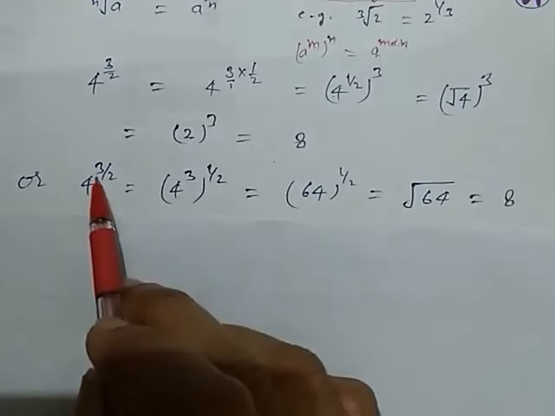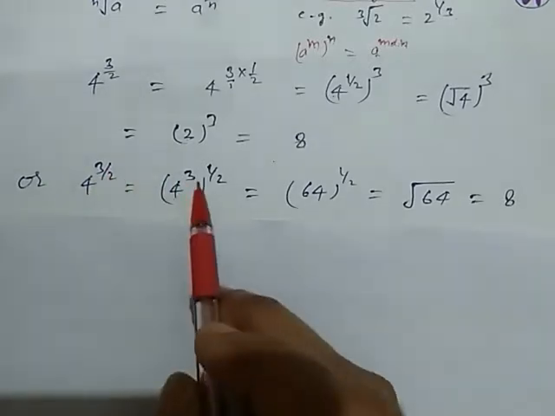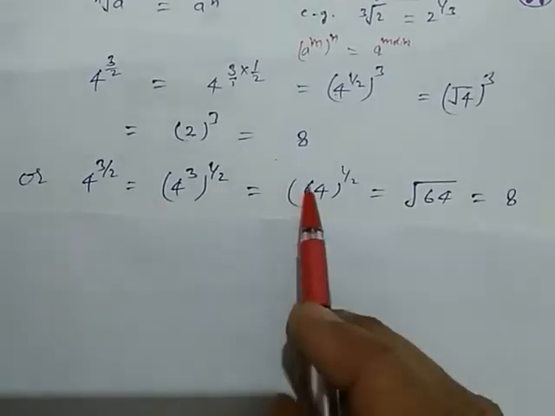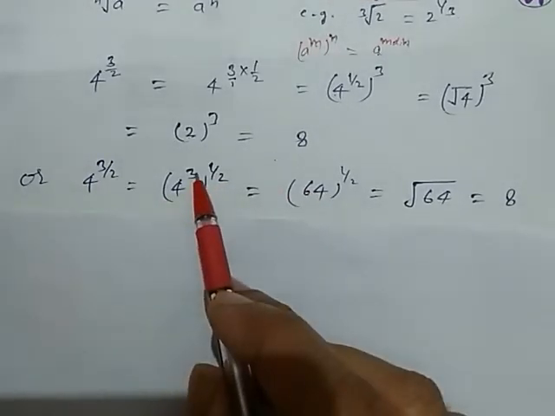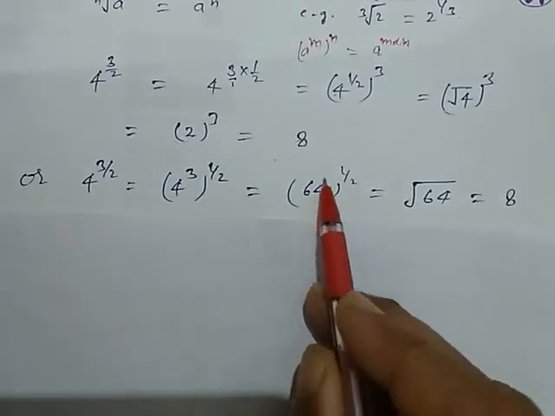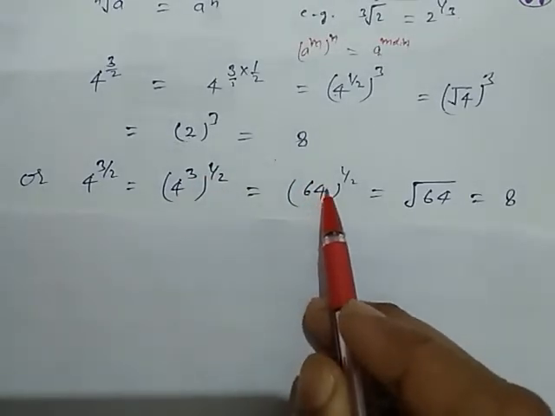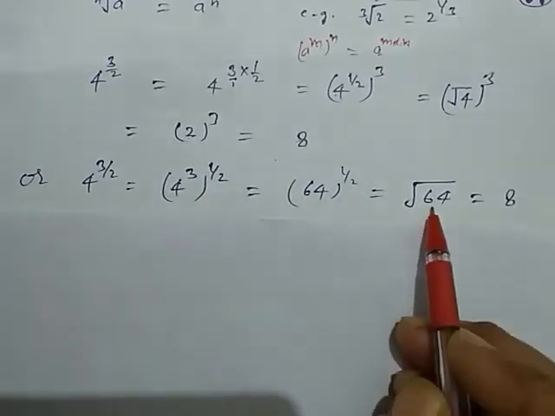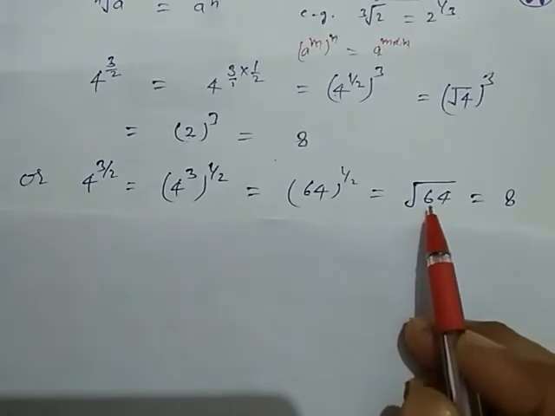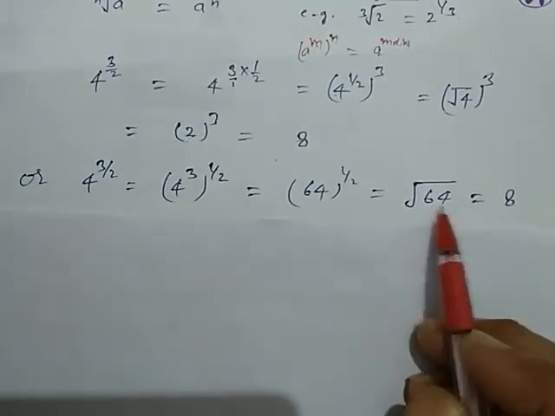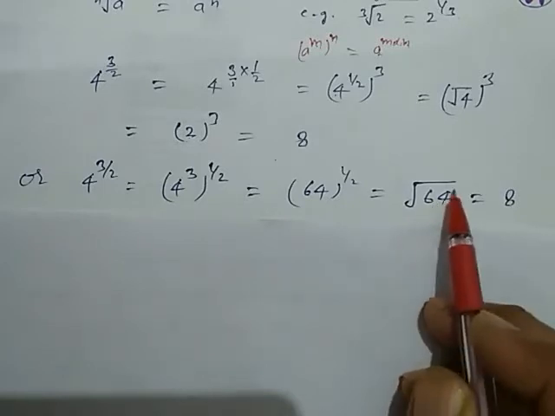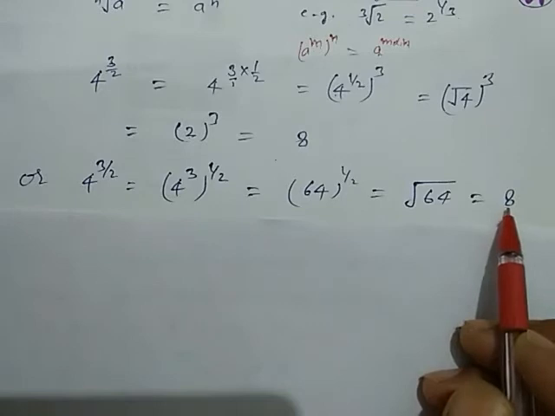This 3 by 2 means 3 into 1 by 2, so we put 3 inside and half outside. Now 4 cube, 4 into 4 into 4 is 64, and half means square root of 64. Square root of 64 is 8, because 64 is 8 into 8, that is 8 square. So the square cancels out with this root. We get 8.